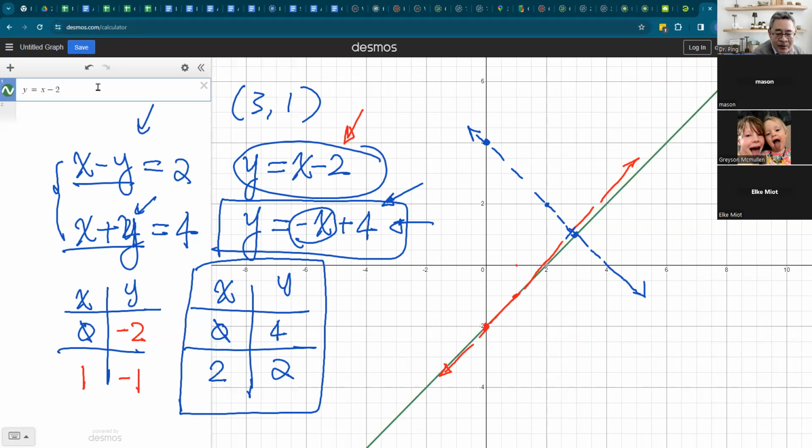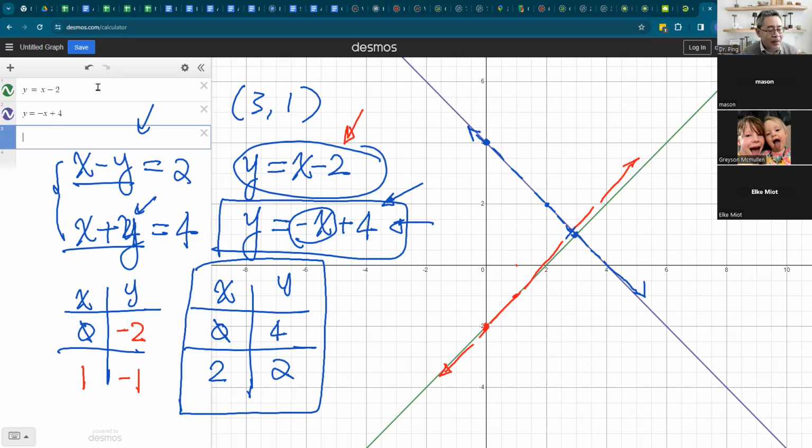You can see that I was off a little bit, so it should be that point. And also y equals minus x plus 4. So the point is right there. So the point actually is the connection here. So 3, 1.